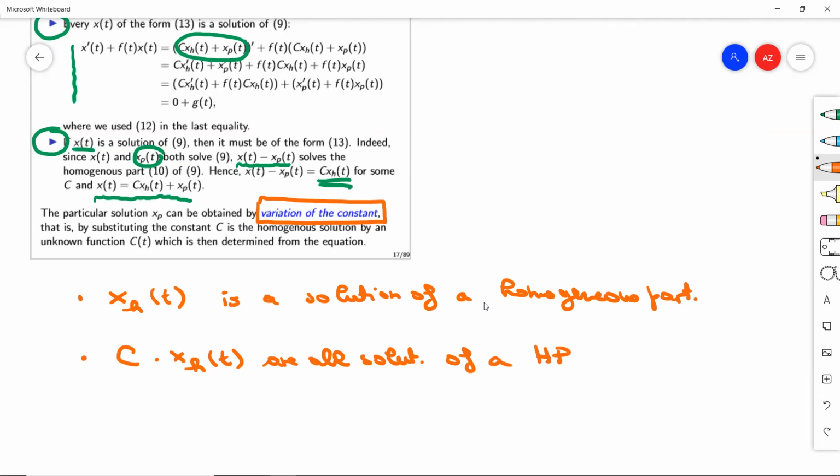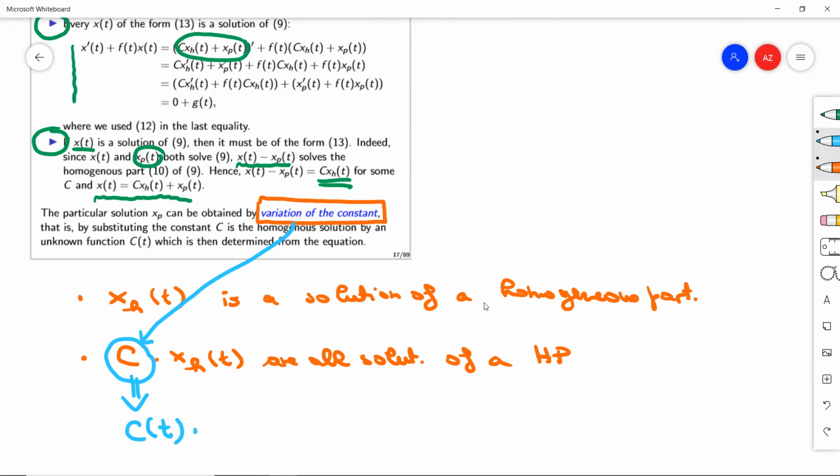And variation of constants refers to this constant C. Now we change it to a function of T. So we change this constant to a function of T.